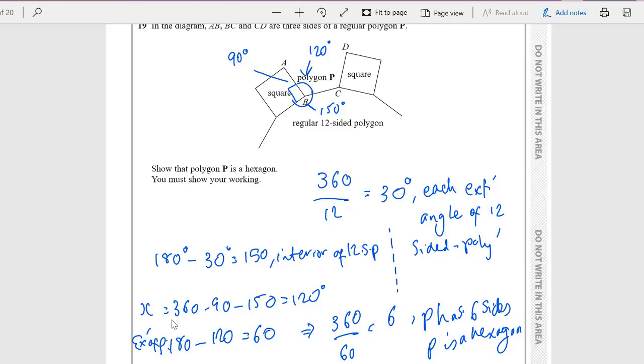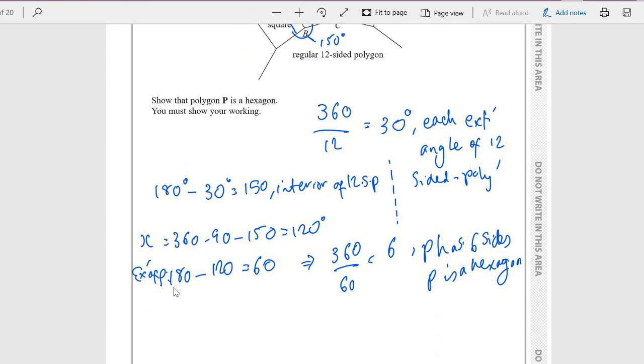And then x, which is the interior of the polygon P, is 360 minus the 90 minus the 150, which gives 120. And then the exterior of P is going to be 180 minus 120, which is 60. And if we divide 360 by 60, we'll get 6. So we know that P has 6 sides, and therefore P is a hexagon.